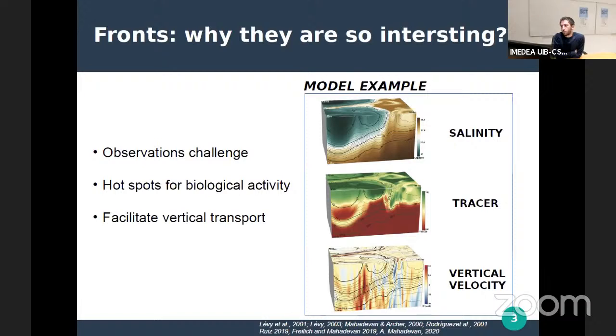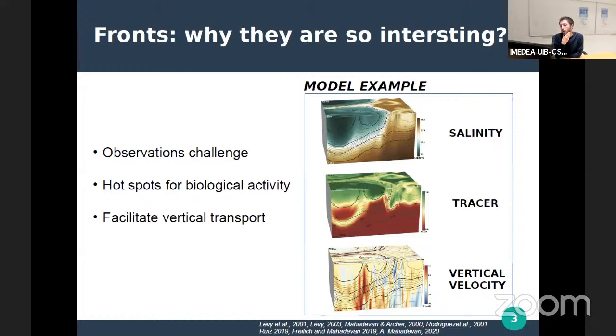I'm going to talk about fronts, and in general, in oceanography, we are interested in fronts for, just to list 3 reasons, probably there are even more. First of all, it's an observational challenge. In the plot on the right, you can see an example of fronts of different variables from a model.